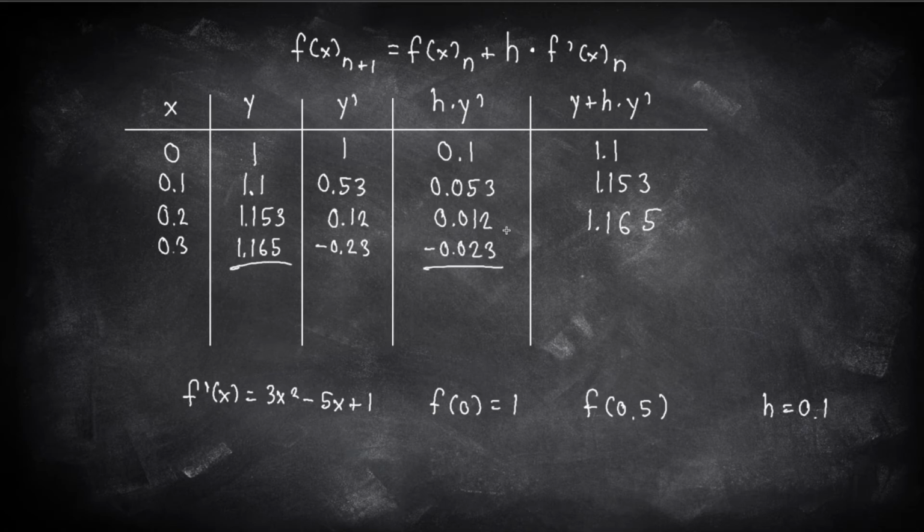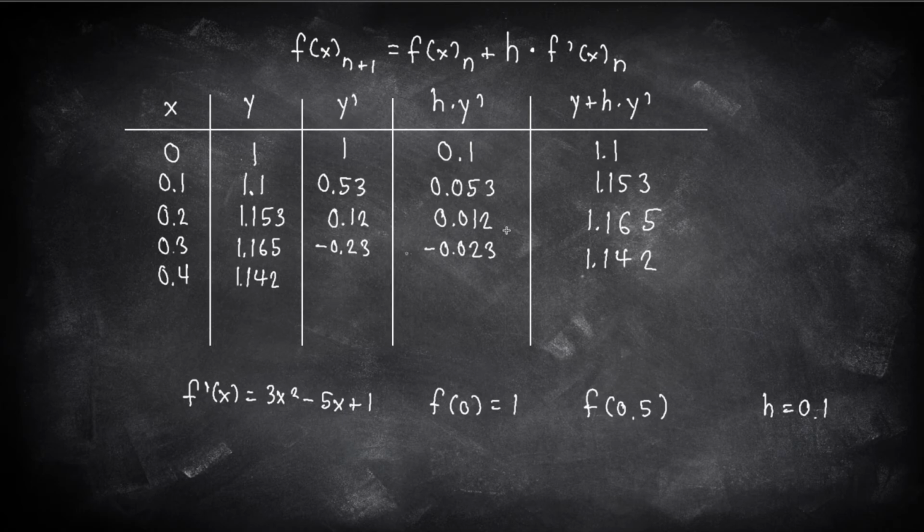Add this to get your new y value, which is 1.142. Step your x, which is 0.4, so that's 1.142, and plug your 0.4 into your derivative to get your next value.